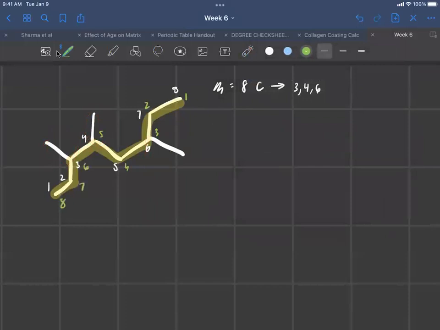Again, same number of carbons because it's the exact same route. But now we have substituents here, here, and here, right? So we have substituents on 3, 5, and 6.